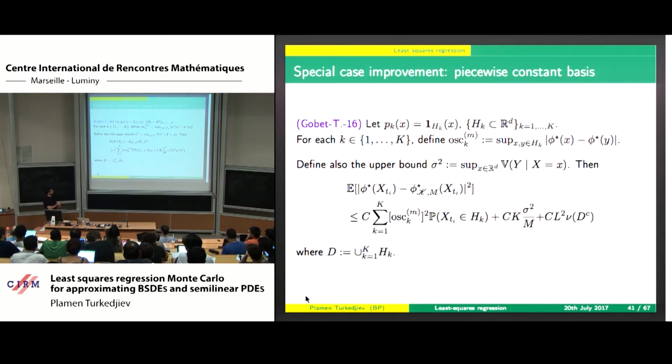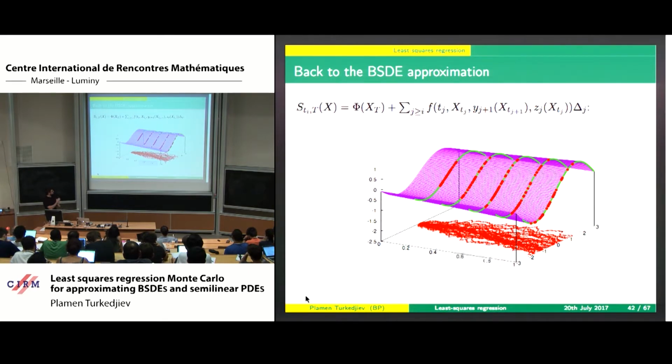So this is the very general setting. I'll just show you a picture for excitement purposes. When we come back, we're going to go back to the BSDEs and apply the least squares regression to the BSDEs and complete our work by fully introducing some fully implementable algorithms. So yeah, 5 minutes.